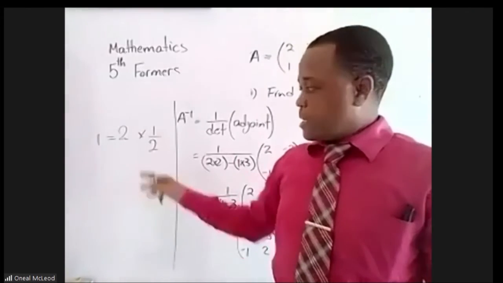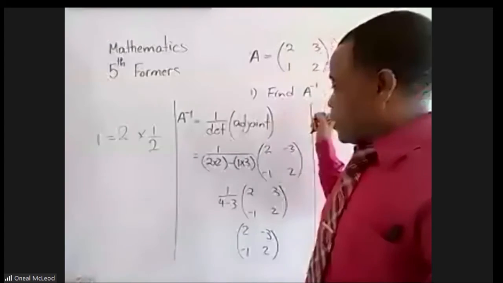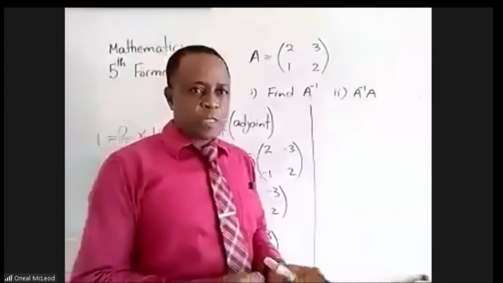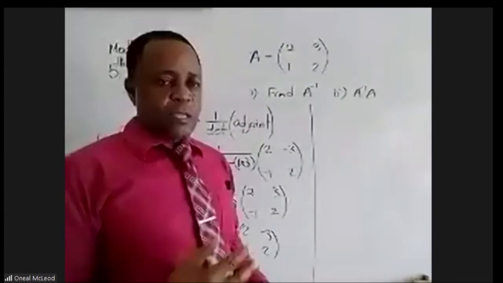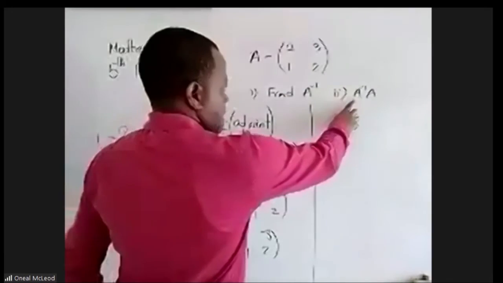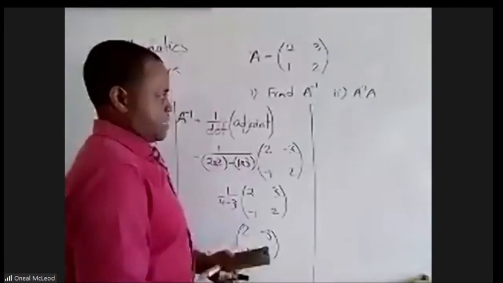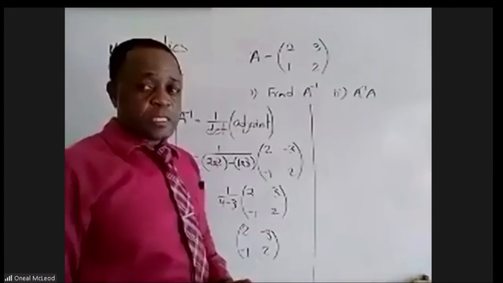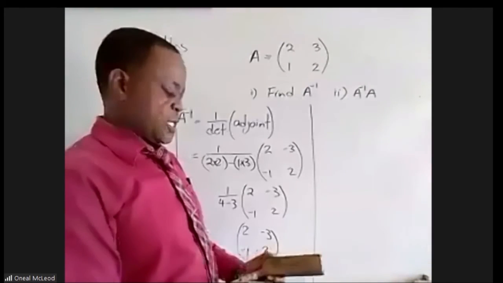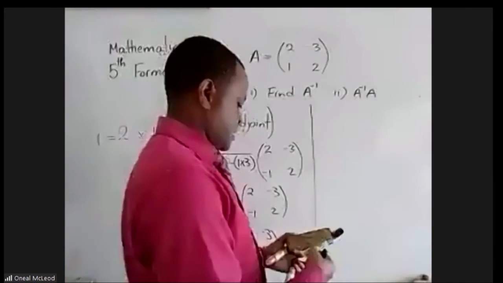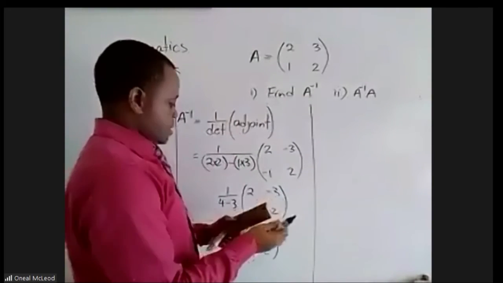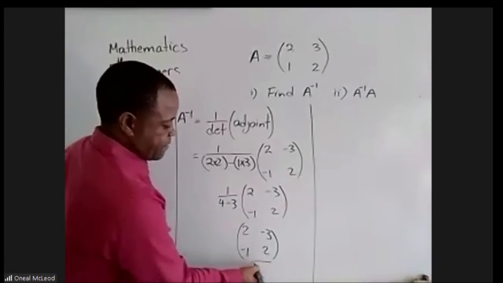Good? Keep this in mind, and then we're going to work the next part of the question, and then I will explain something as it relates to the answer that we get there. Now, A inverse times A falls under the general multiplication. So here we have A inverse.